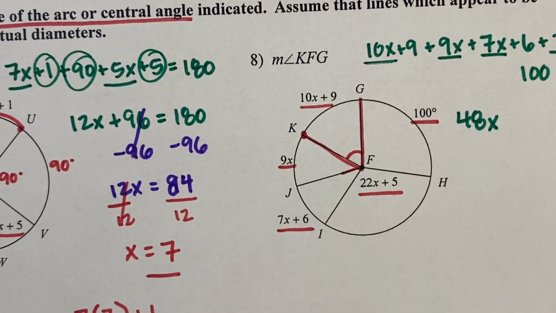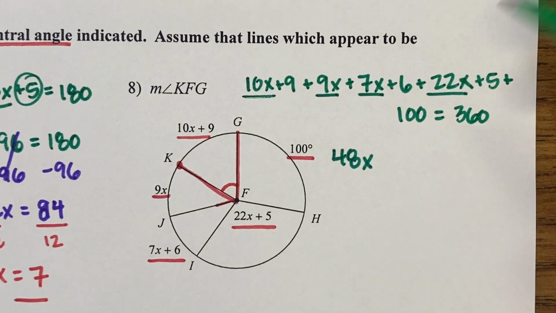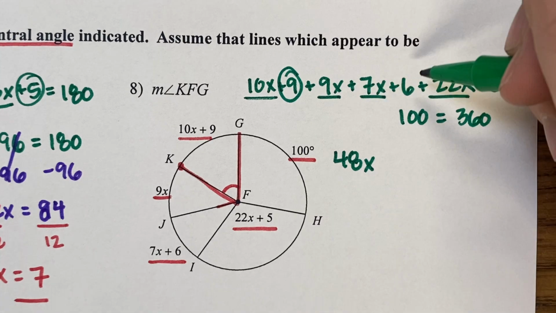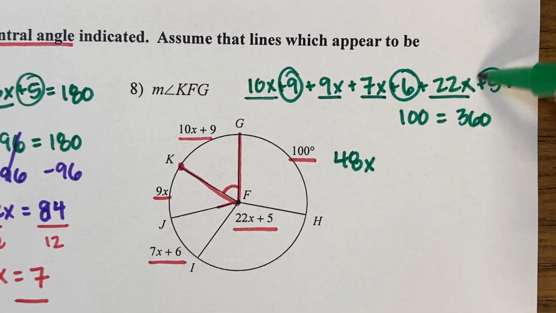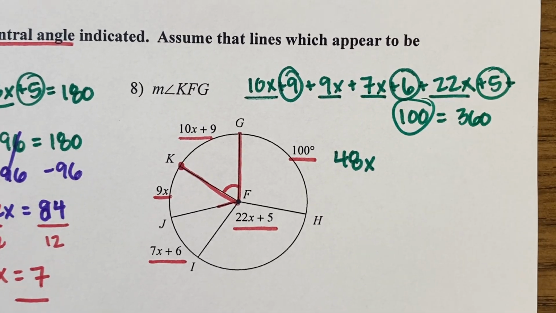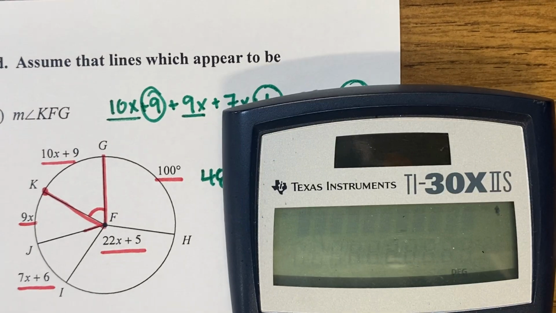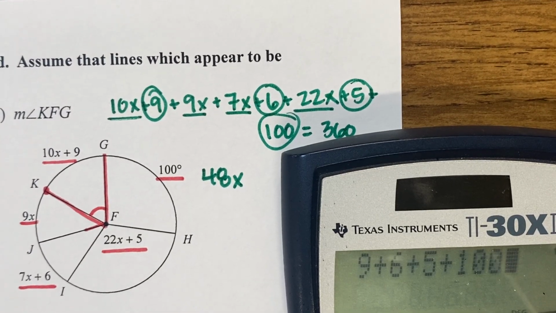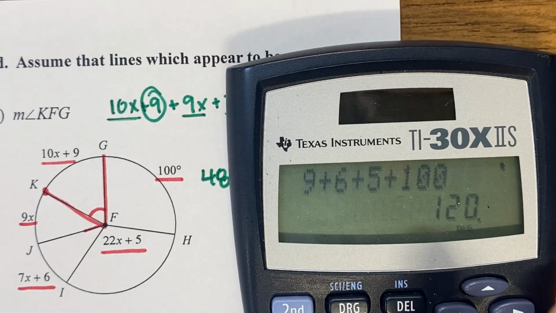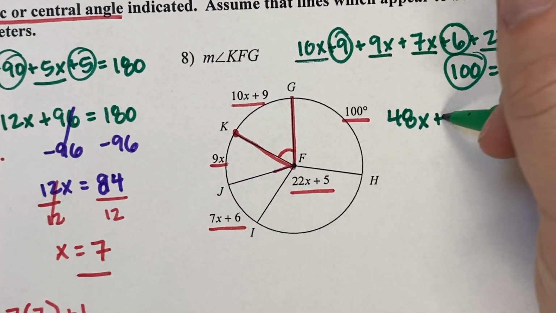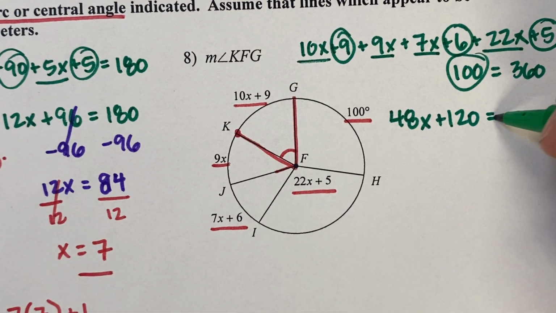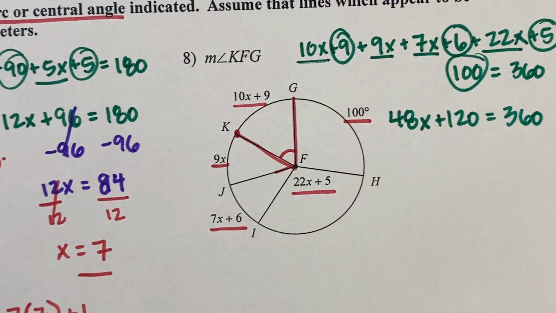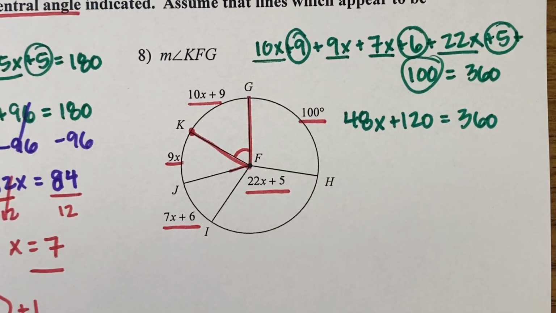Okay, now combine your constants. 9 plus 6 plus 5 plus 100 gives me 120. And again, it all still equals 360, but it looks much nicer, much smaller, right?